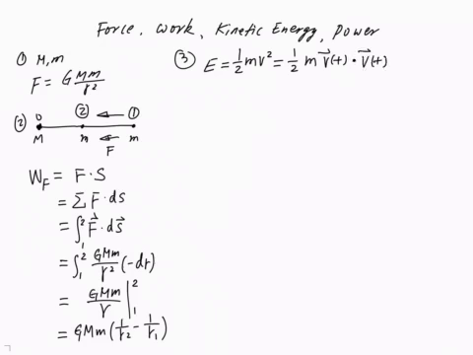The two vectors dot together to give you this. If we take the derivative of this E, because E is a function of t, since the particle is moving with velocity v, which varies in time, then you can take a derivative of this.